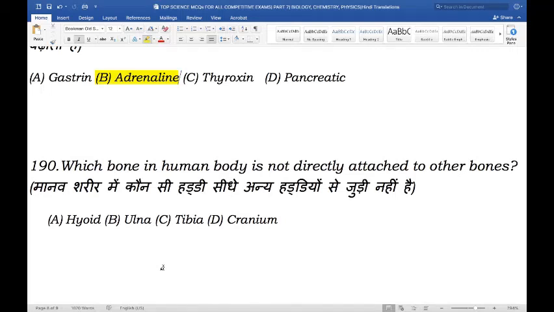And the correct answer here is A. Hyoid bone is also described as free-floating. The horseshoe-shaped bone is located in the anterior midline of the neck, between the chin and thyroid cartilage. So the hyoid bone is the only bone in the human body which is not directly attached to other bones.